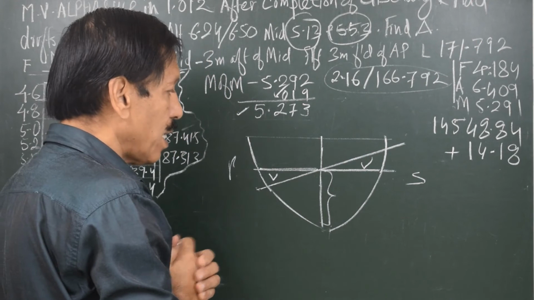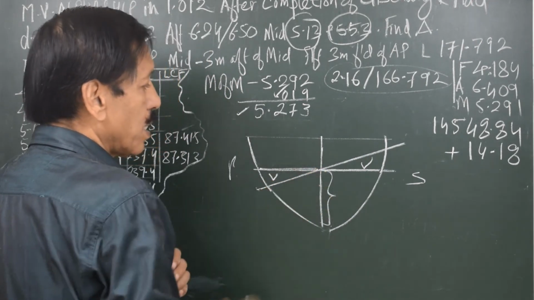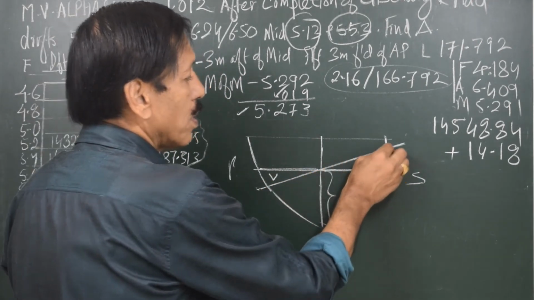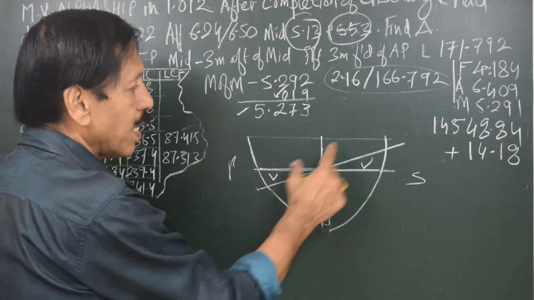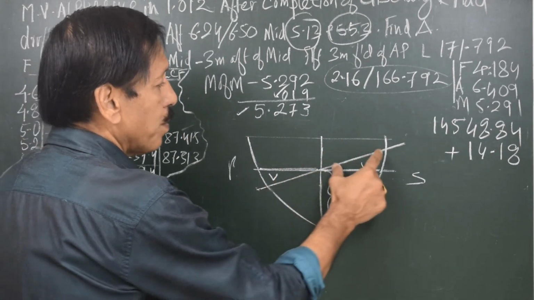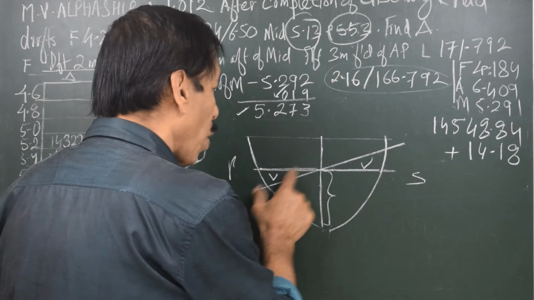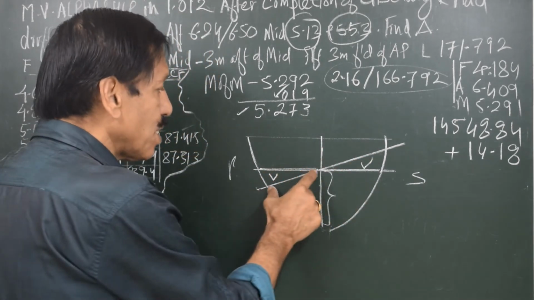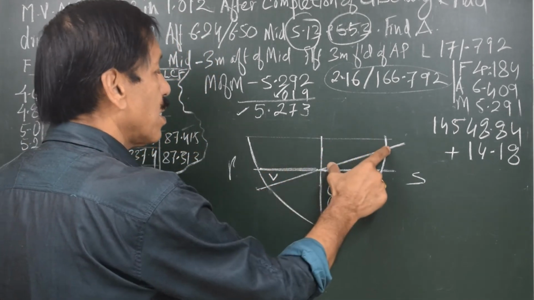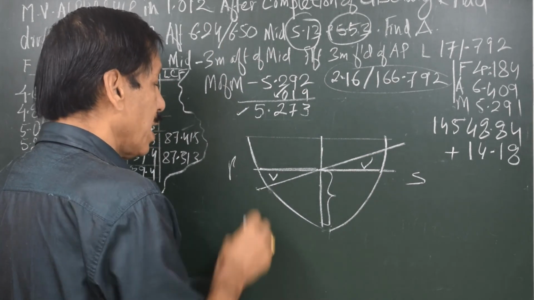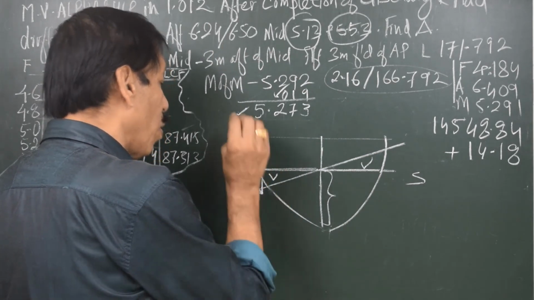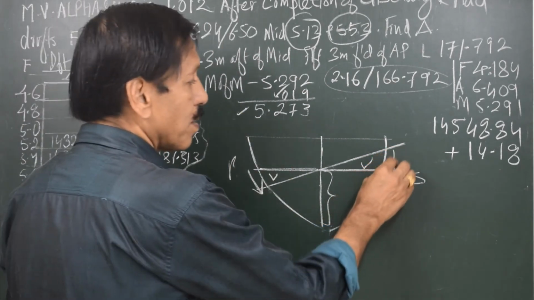So you agree that this particular distance is smaller than this particular distance. Now if the volumes are equal and this distance is less than this distance, to compensate for that, this distance has to be more than this distance.